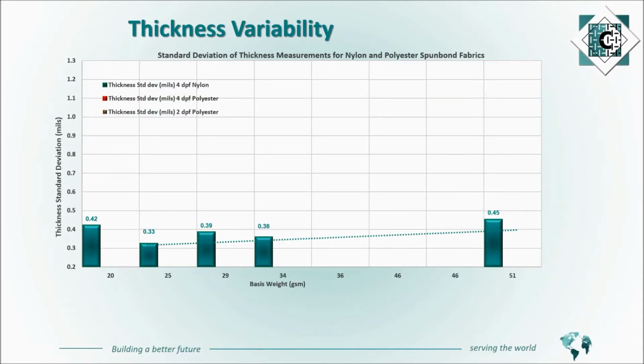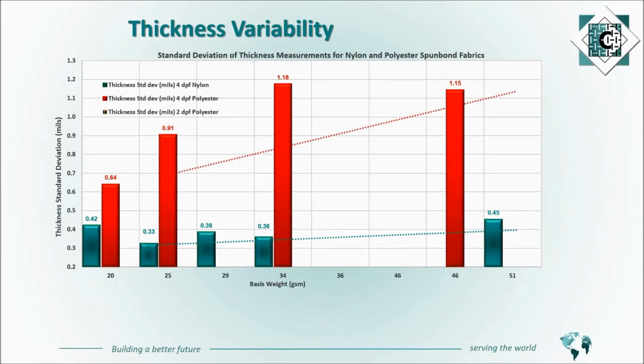Thickness variation was the second physical property that we looked at. Our process inherently creates a thinner product than our competitive polyester product, but you'll also see that our thickness variation remains fairly constant even though the basis weight and the thickness go up.